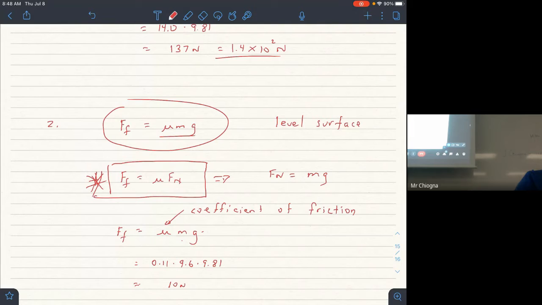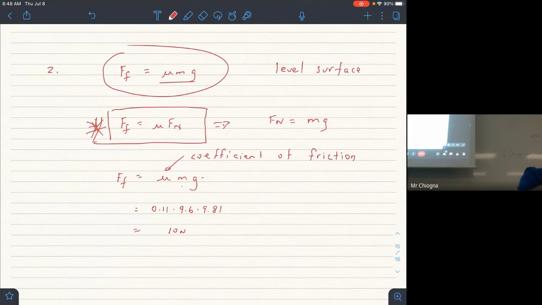Rounds off to 10 newtons. Okay, and friction always is acting opposite to the way the object moves. So I'm assuming this object's moving to the right. Friction will act to the left. You can write it as negative, or you can just indicate to the left. On a surface to the left, or you could say, if you want, to the west, westerly.